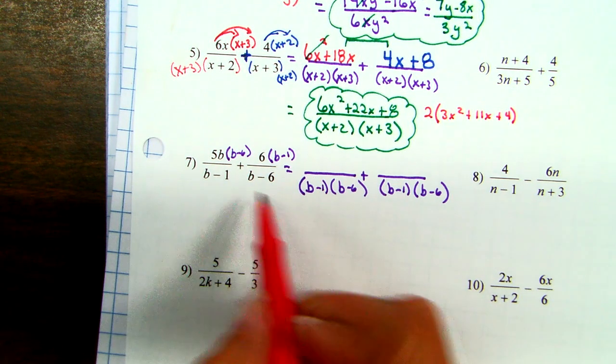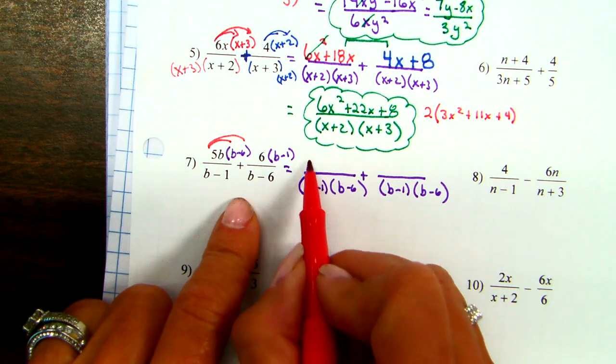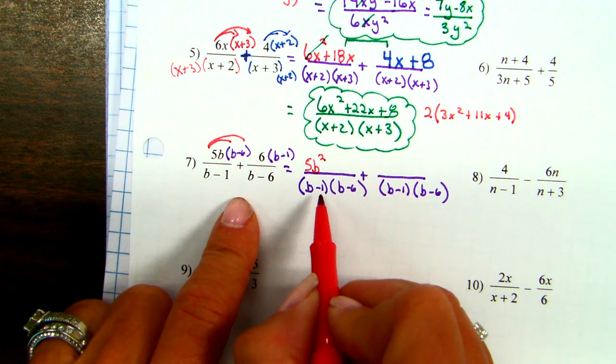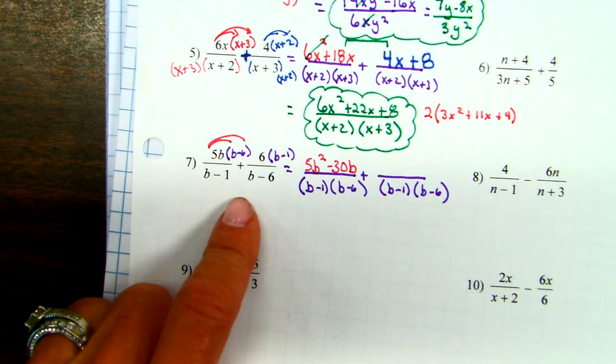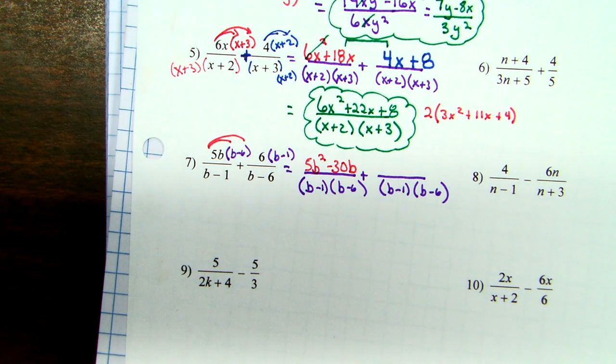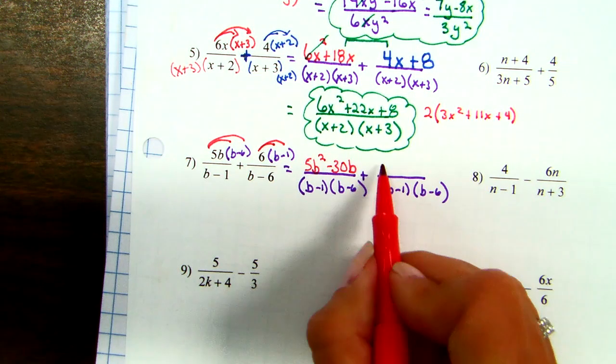Okay. All right. So I'm going to distribute 5b to b minus 6. So that's 5b squared minus 30b. Same thing here, 6 times b, 6 times negative 1.